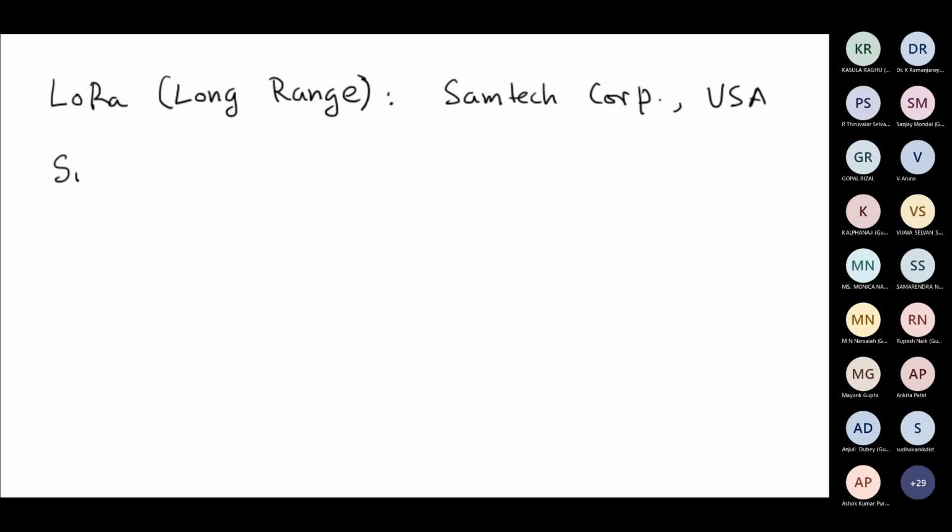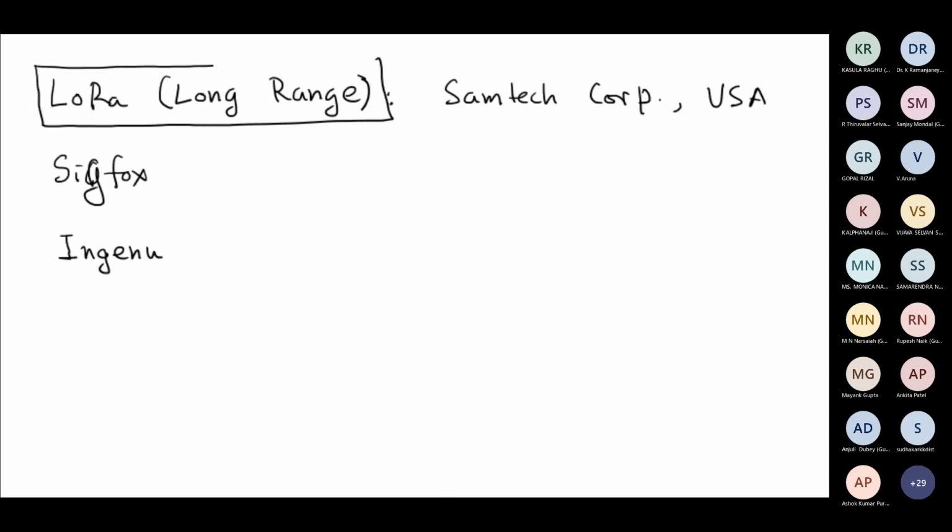Another technology is known as Sigfox. Yet another one is Ingenu. So there are many such techniques, but of these, this LoRa technology has come to become one of the most widely adopted technologies in the LPWAN world.